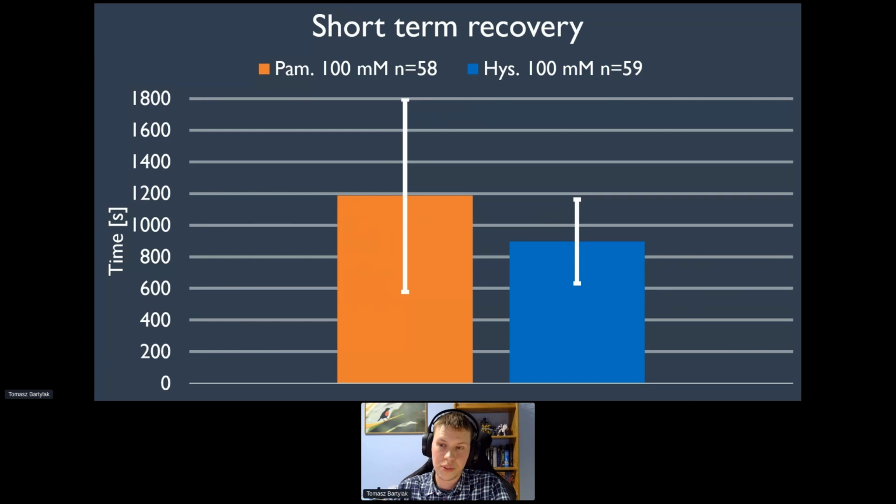Both of them performed exceptionally well. As you can see, their time of recovery was extremely fast. For this second species, it was a bit faster than for the other one, but it's still exceptional to see in any animal.